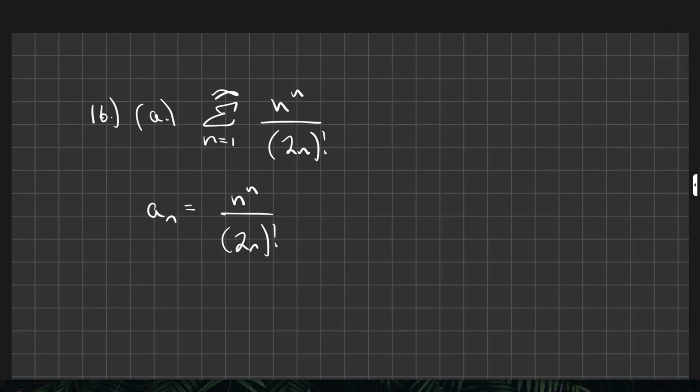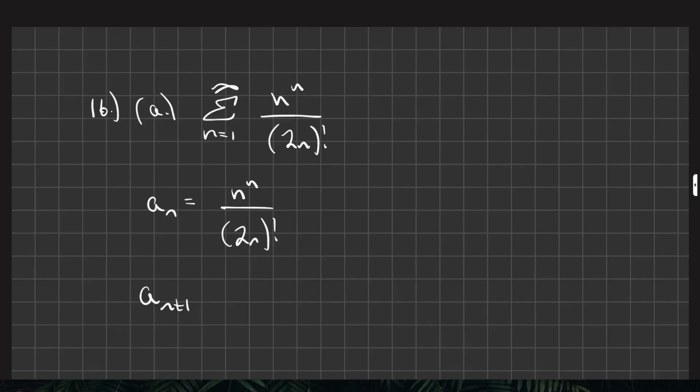So A, we have the series n equals 1 to infinity of n to the n power over (2n) factorial. And we want to show that this series is convergent. So, of course, we choose a_n to be n to the n over (2n) factorial. And we'll just shove this through the ratio test.